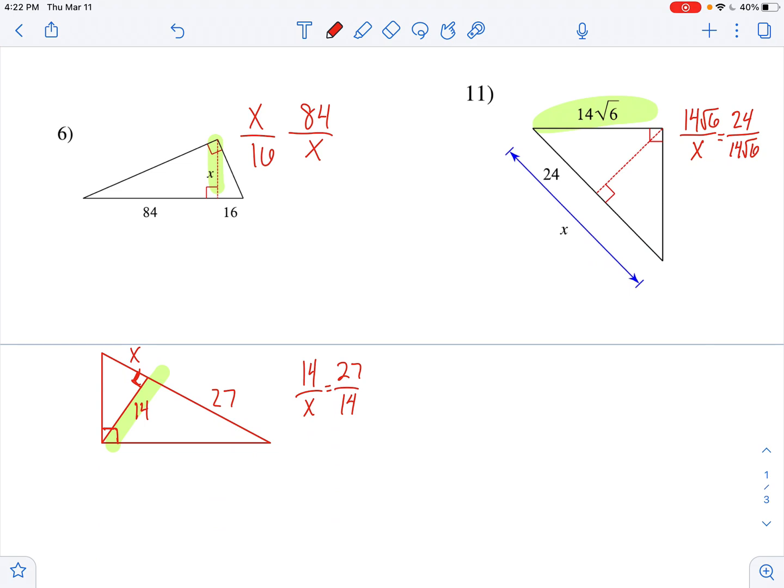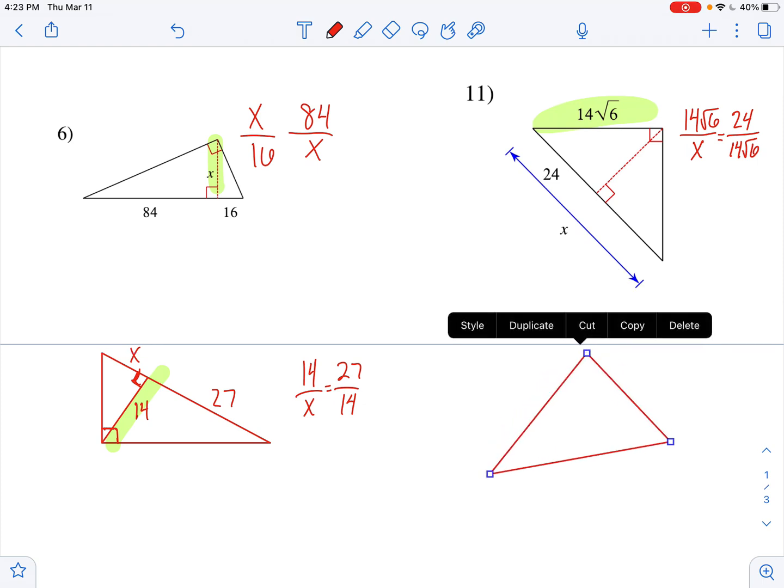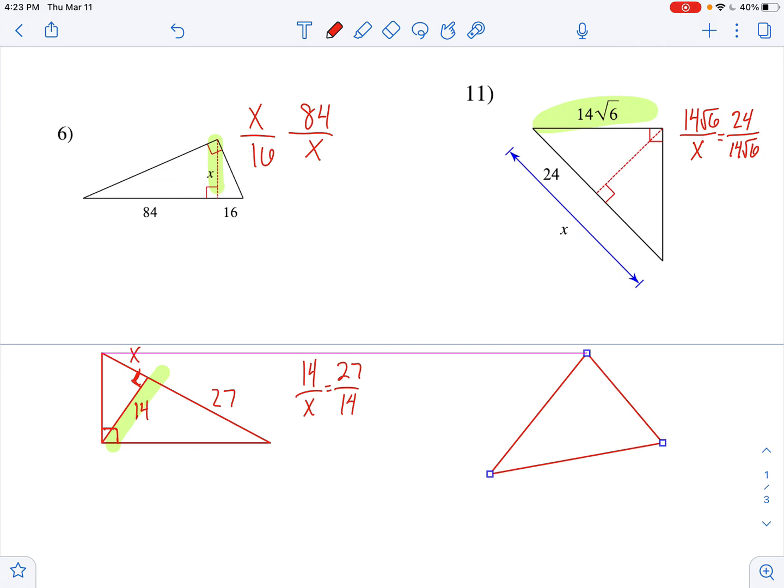All right, I'm going to draw you one more. That looks vaguely like a right angle. It's kind of close. So we'll pretend that's a right angle. I'll draw my altitude.